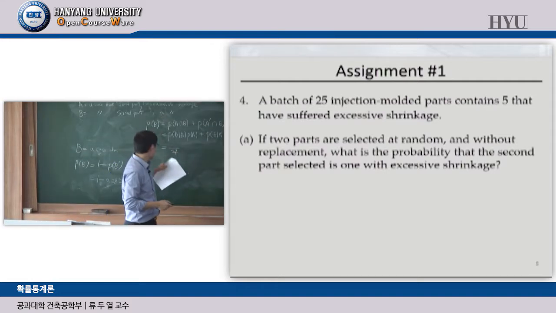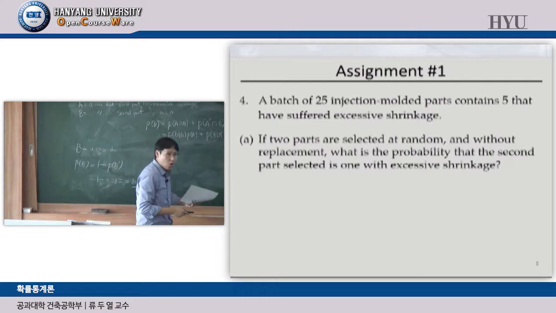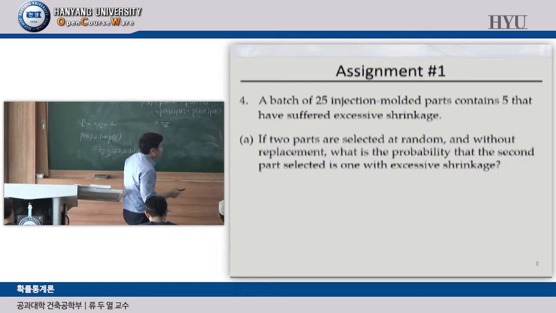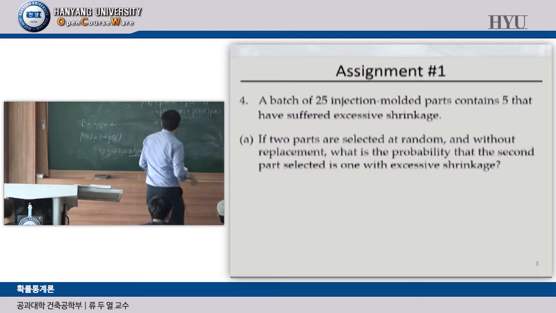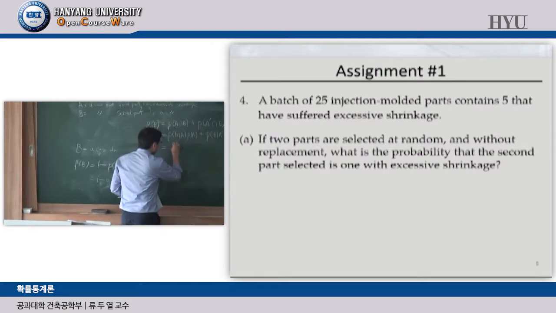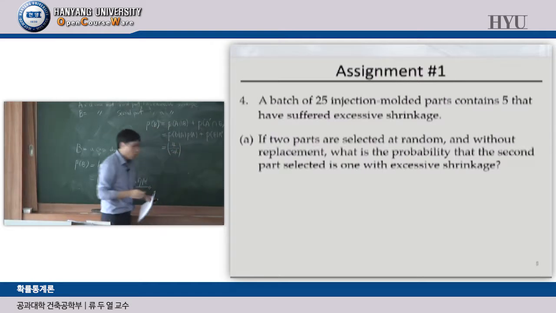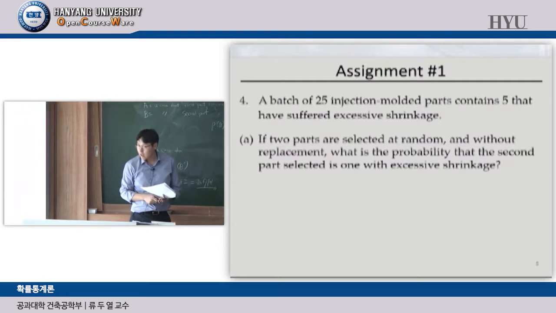So the denominator should be equal to 24. And A is the first part has excessive shrinkage. That means we have only 4 parts left. So there will be 4 over 24, right?